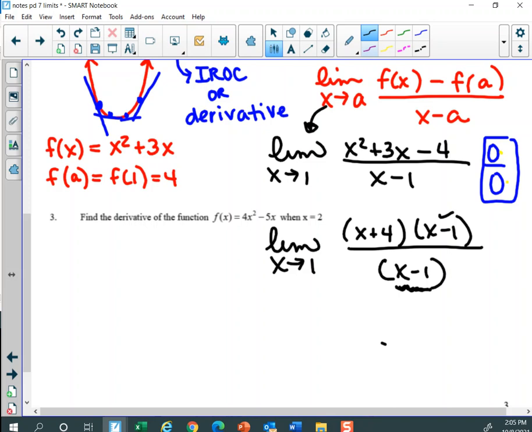I need factors of -4 that add up to +3. So the magic numbers are 4 and -1. Because this is just an x squared, I can pop them right into the factors. The x minus 1 goes away. Here's what's left.